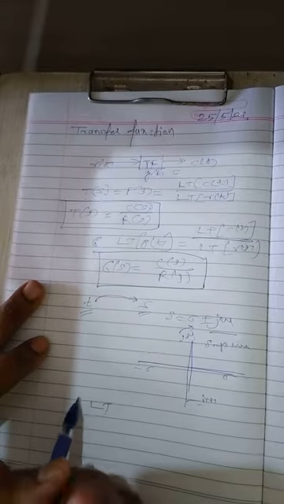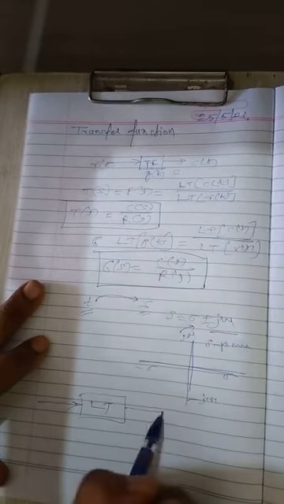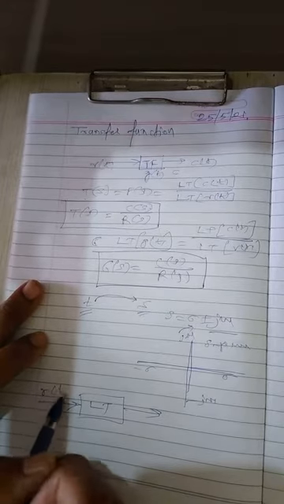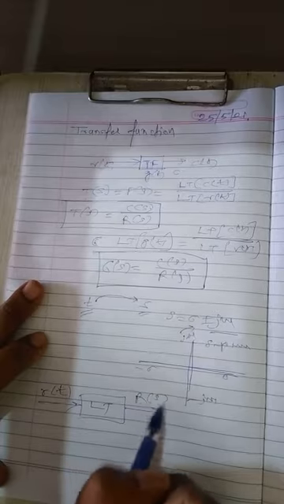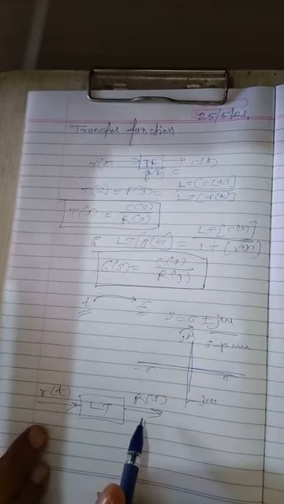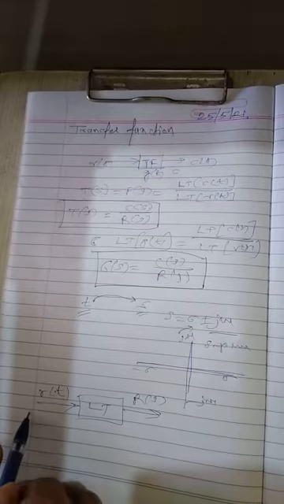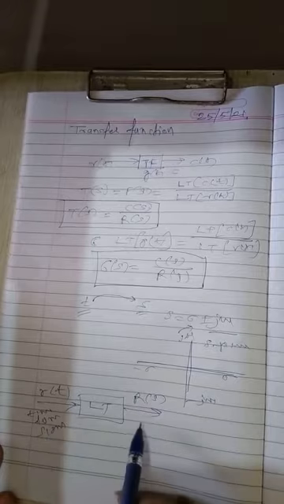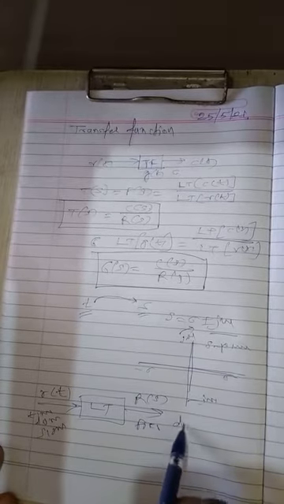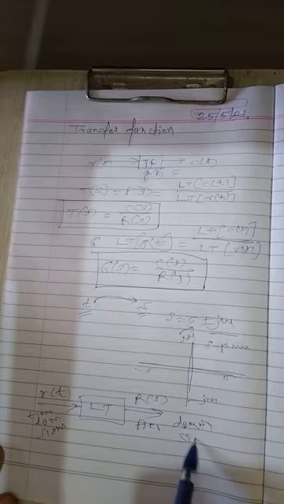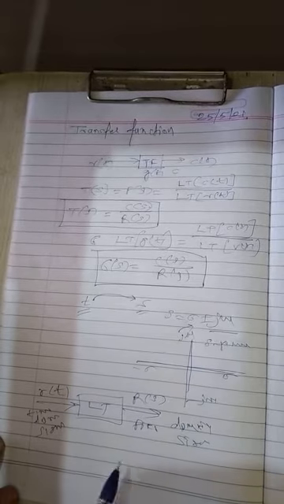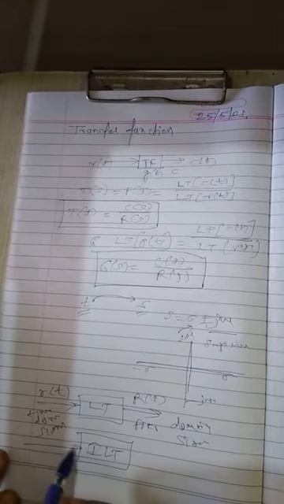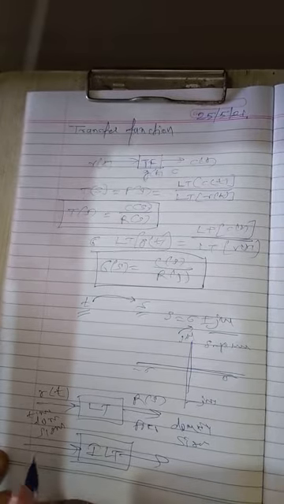So what is the Laplace transform? The Laplace transform is a mathematical tool which converts the input r(t) into R(s). It converts the time domain signal into the frequency domain signal.